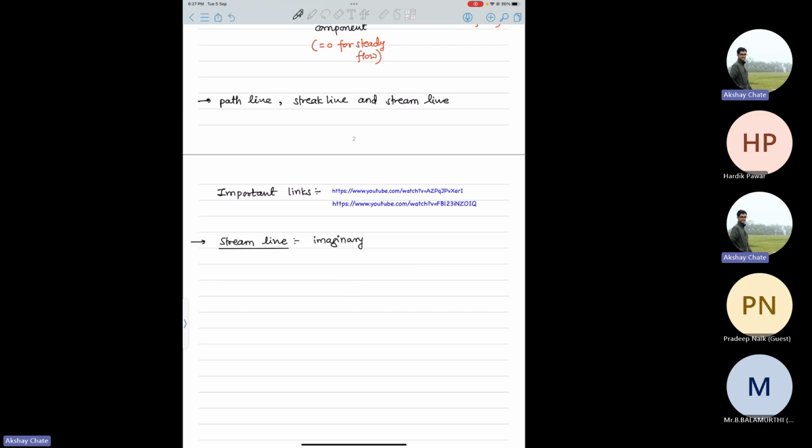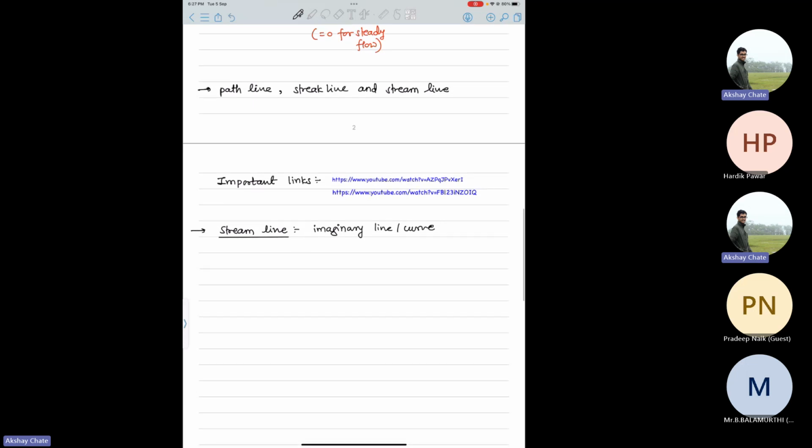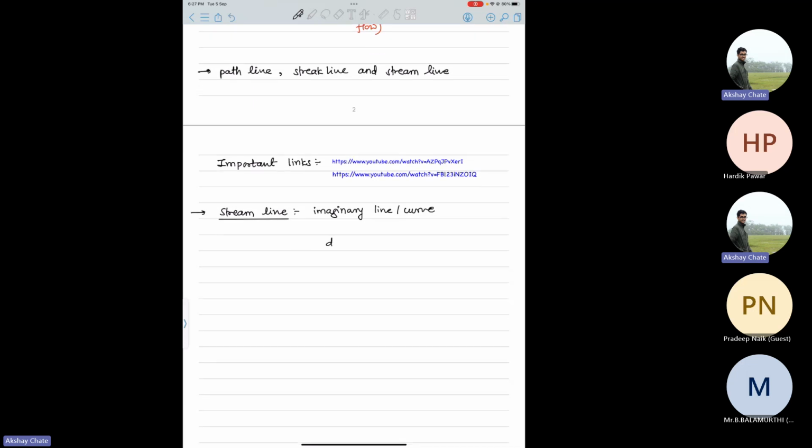It is an imaginary line or curve, and by definition if you draw a tangent to the streamline, you will get the velocity at that point at that instant. And I saw a very tedious formula which is used to remember the streamlines, but I will give you one simple formula that is actually very easy to remember.